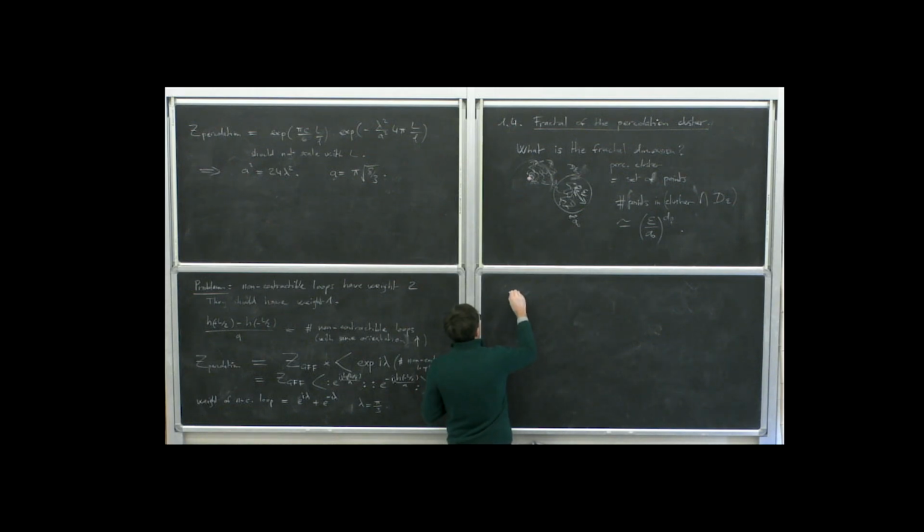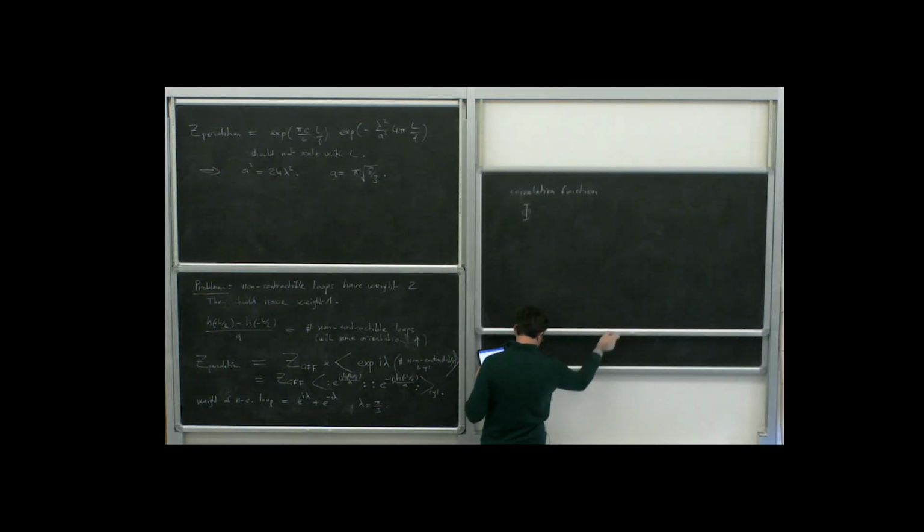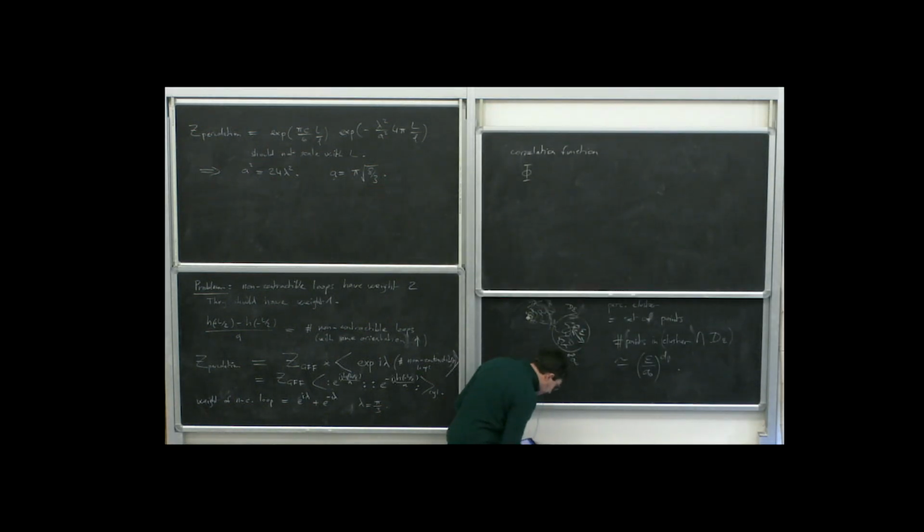So we can define a correlation function of an operator, let's call it phi. Phi is what is living here. This is at some position x1, this is at position x2.